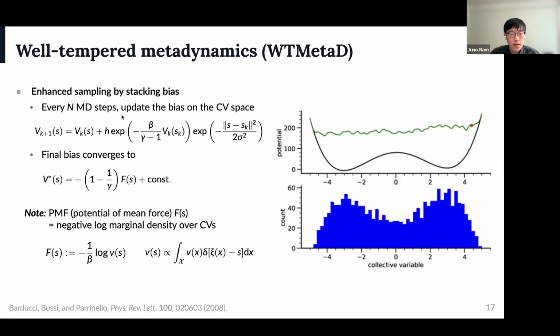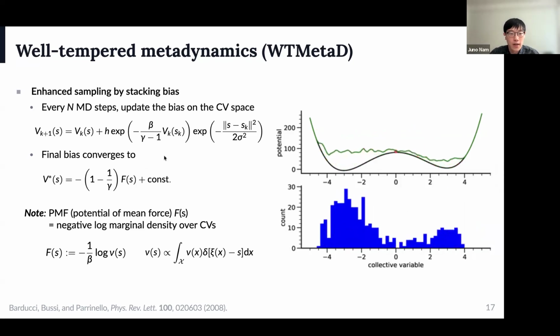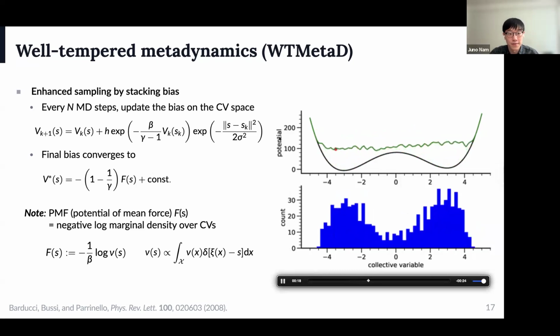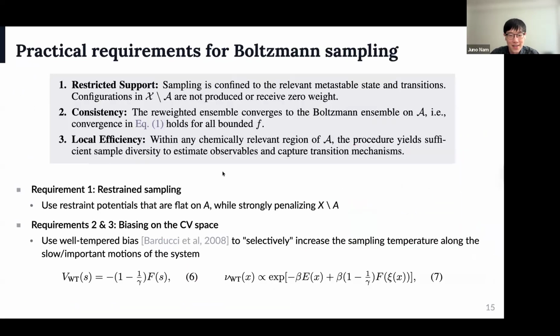If our original MD simulation was running at temperature T, then with application of this bias, it corresponds to sampling at gamma times T temperature in the collective variable space, while retaining the original temperature in all other directions orthogonal to the collective variables. This is what we mean by a selective increase in the sampling temperature along the collective variable space.